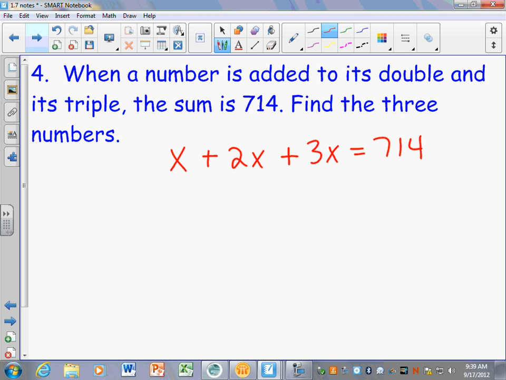Again, solving these should not be the issue, I hope. It's just practicing reading those problems and writing the equations through with them. It's just 6x divided by 6.